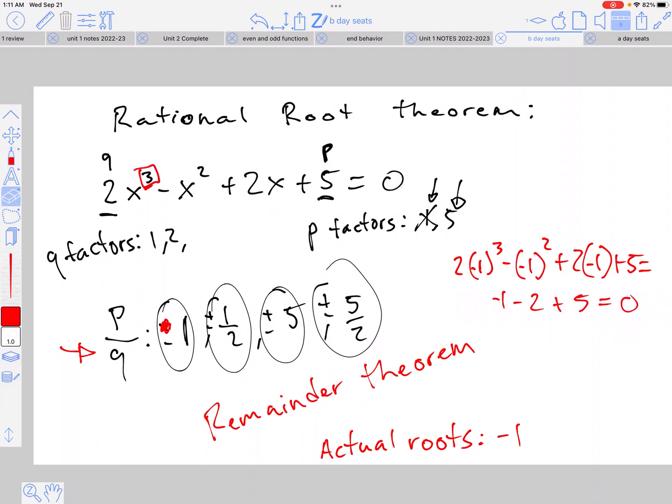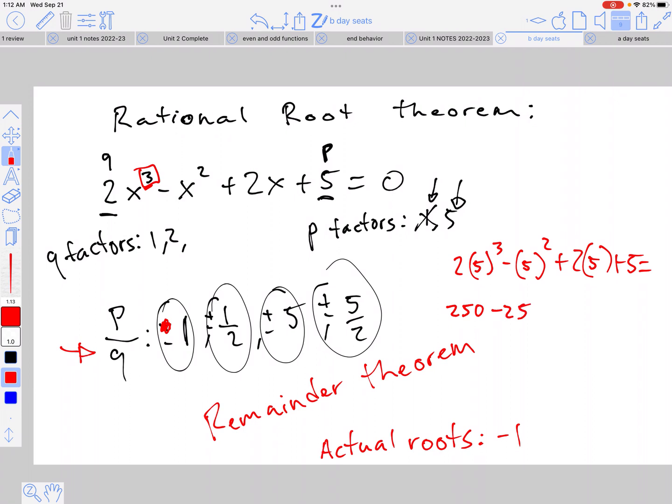So let's do it again. So instead of -1 now, I'm going to move on in my list to, I guess, I'm going to skip the 1/2. We'll come back to that. Let's do 5. All right. So 5 cubed is 125. 125 times 2 is 250, right?